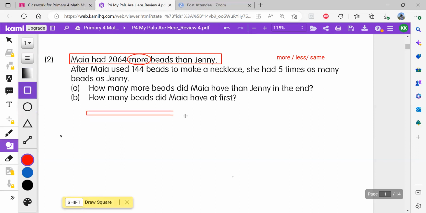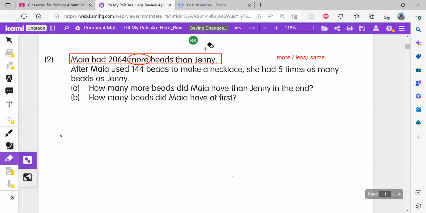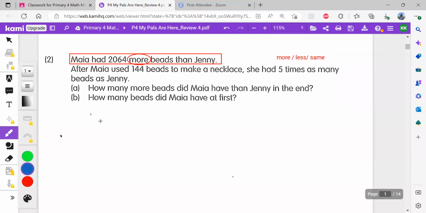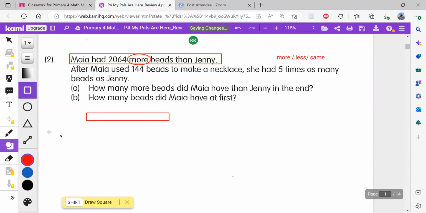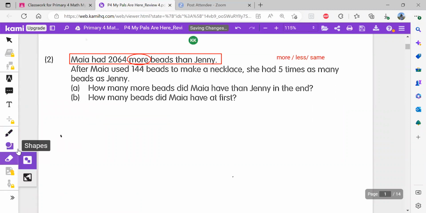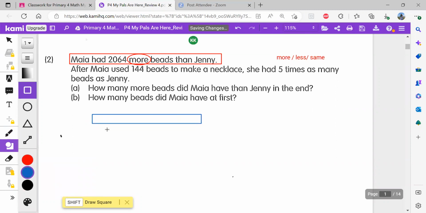So using rectangles to represent the beads, Maya is going to have a longer rectangle, and Jenny is going to have a shorter rectangle.